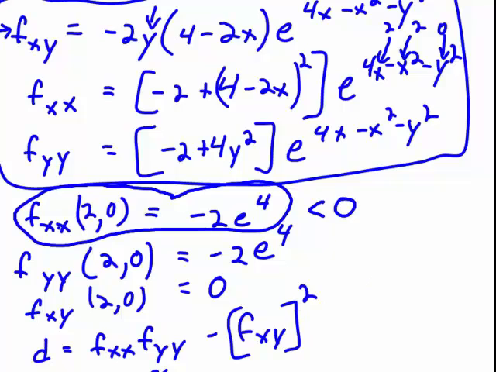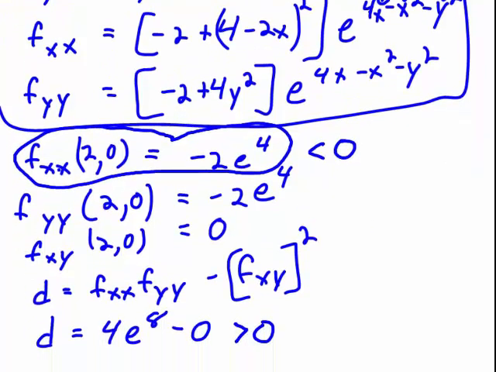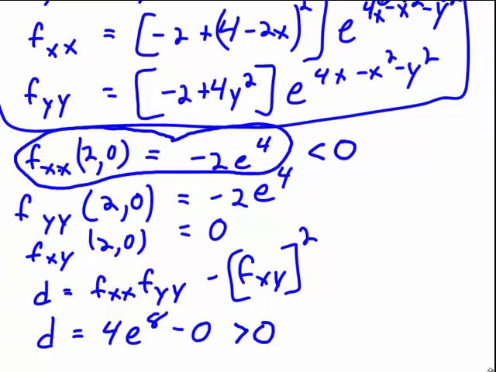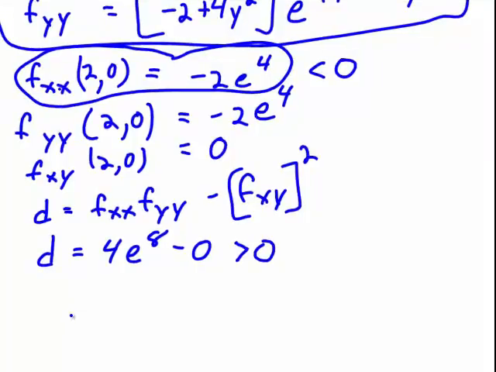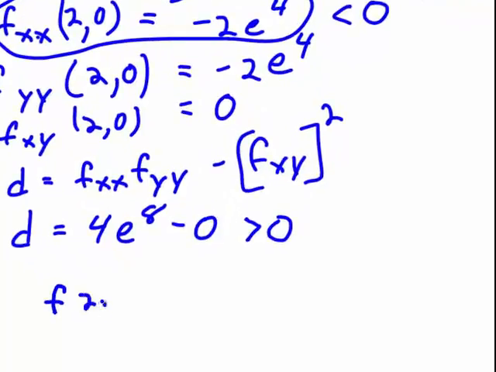So by the second derivative test, because D is greater than 0, and f sub xx evaluated at the critical point is less than 0, f of (2, 0) is a local max. And that equals e to the fourth.